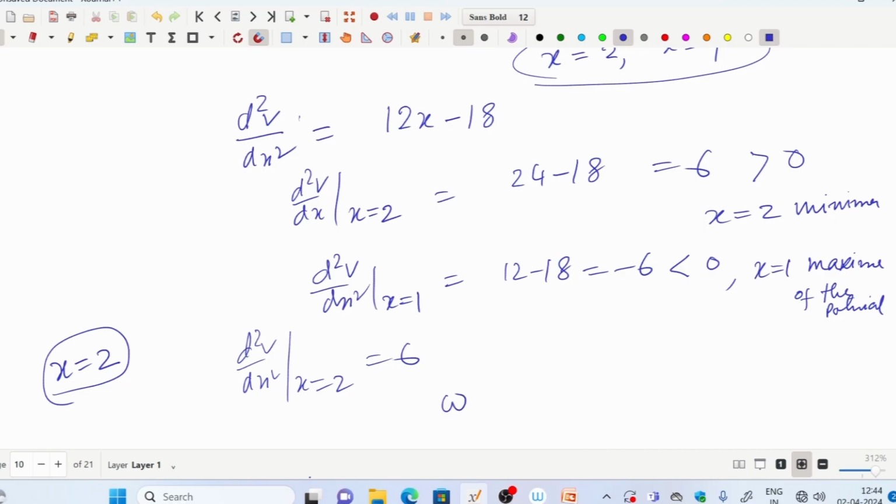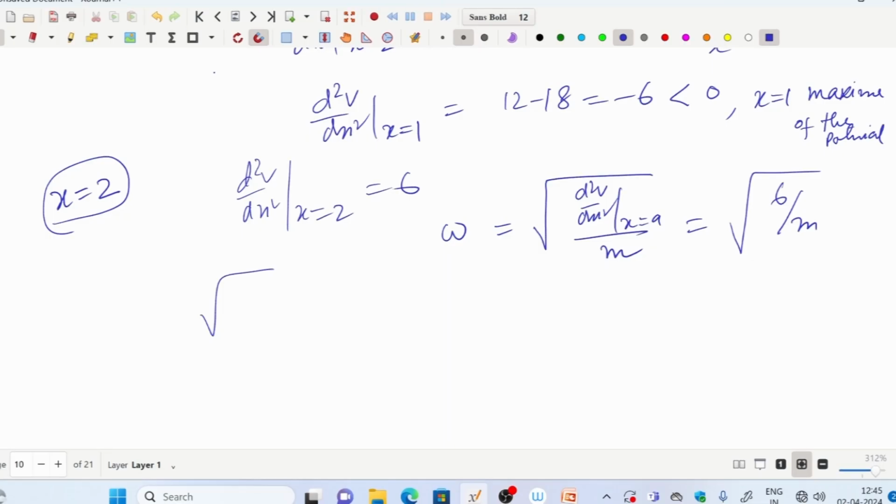So, the frequency around the equilibrium, which is the minimum, will be root over d2V/dx square at x equal to A divided by m. If m is the mass of the particle, it will be substituted here. So, it is 6 by m. Okay. So, the frequency of oscillation will be root 6 by m in this case.